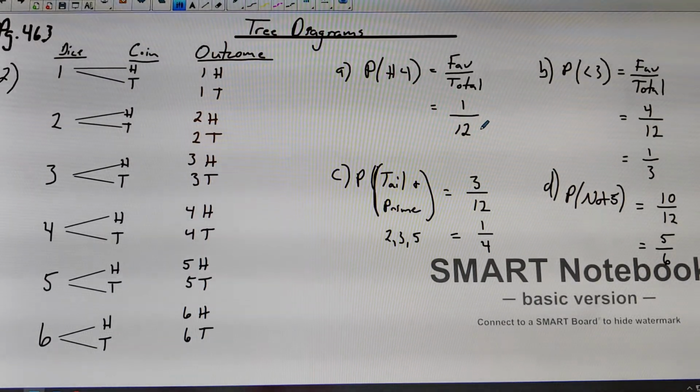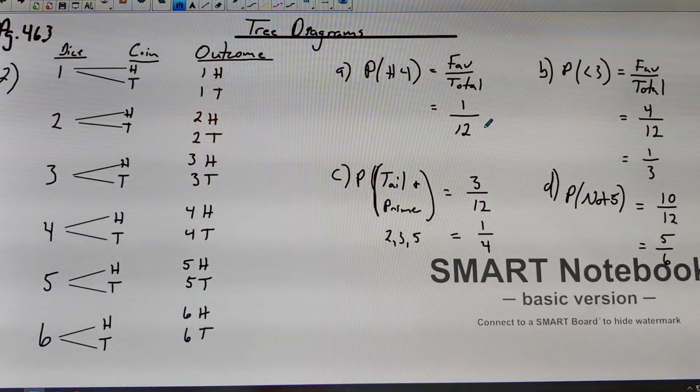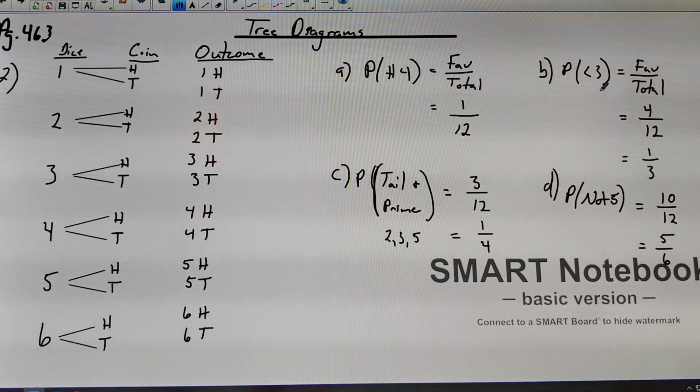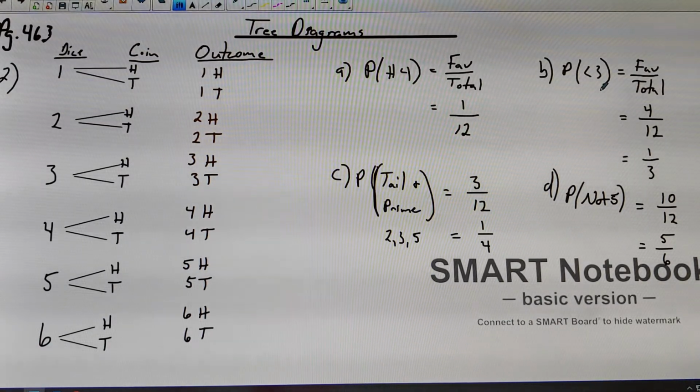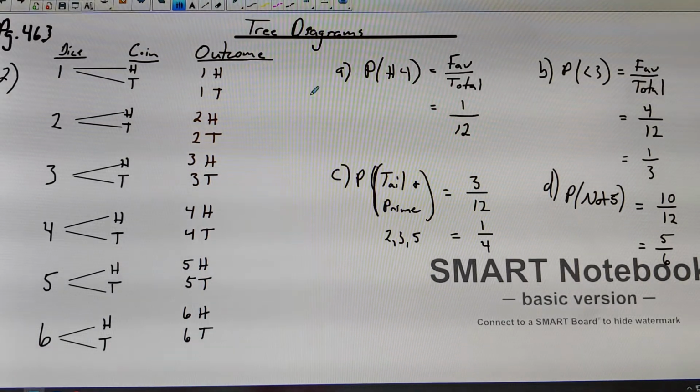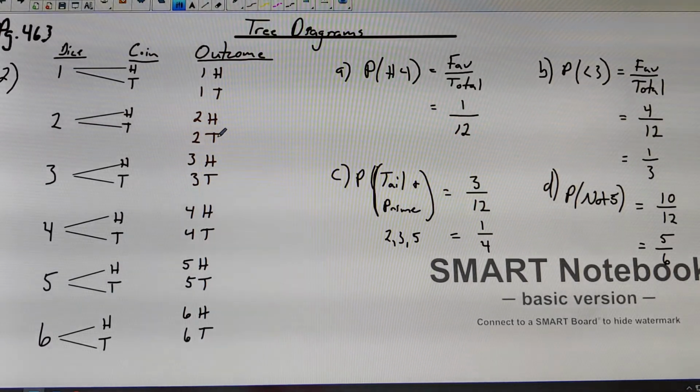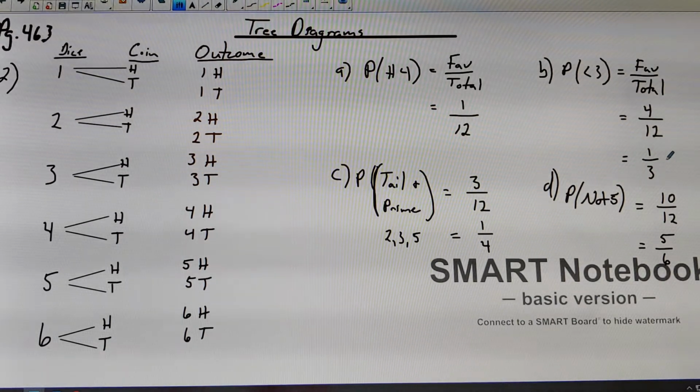So that's our probability, 1 over 12. B asked us for any number less than 3, and that was the only criteria. So that would be 1, 2, 3, 4 of them, because we only get to use the numbers 1 and 2. So it'd be 4 over 12 reduced to lowest terms, like in our fractions unit, 1 over 3.